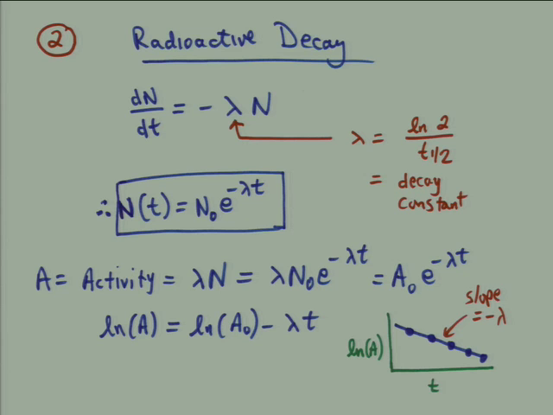Different nuclei, as we've seen, have different decay rates or half-lives. And there's a relationship between the decay rate lambda and the half-life. The decay rate is just log 2 divided by the half-life. And the half-life is the time it takes for half of whatever you started with to decay away. And again, that's an intrinsic property of the particular nucleus. And this constant really is a constant.